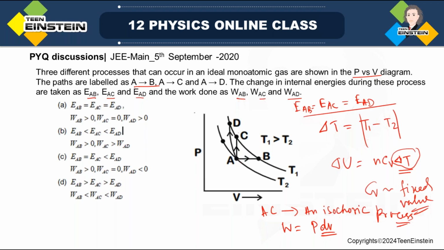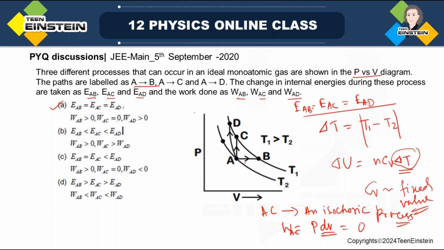But here for the process AC, the volume remains constant, so W_AC will be 0. Then we have to see where this option is. Anyway, in the first option this is correct, right? The change in internal energy is the same, and W_AC is 0, that is correct.